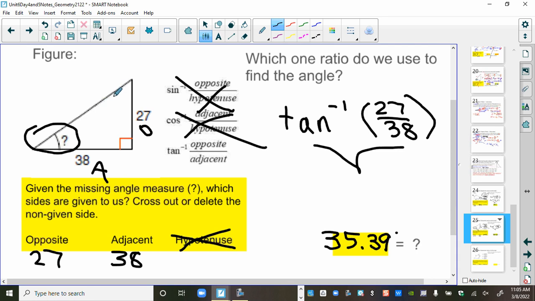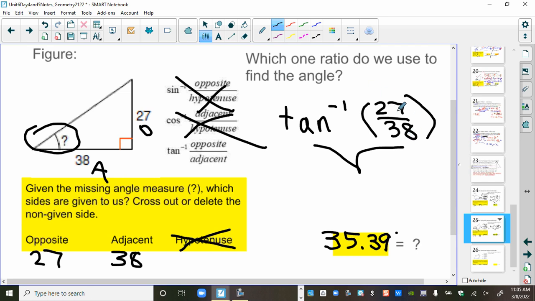And I want to tell you something. I'm glad you said what you said. Because if the angle is here, if this side is smaller than this side, this angle better be less than 45 degrees. Whereas you flipped it, this side was bigger than this side. This is going to be between 45 and 90. So you actually did us a favor. For the tangent, if this number is smaller than this number, this better be less than 45 degrees.